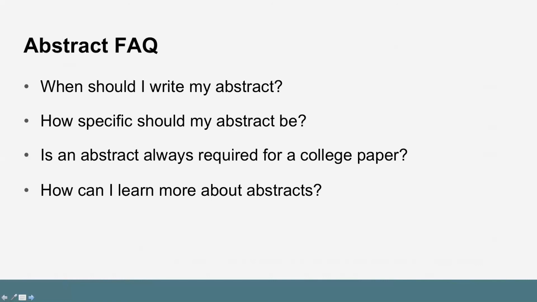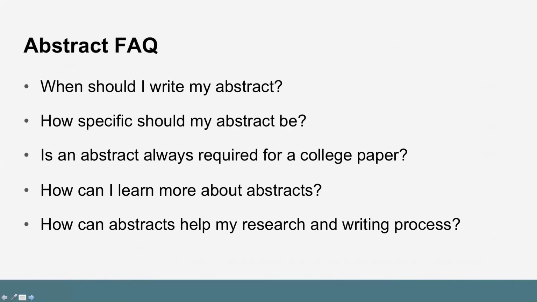If you're writing a case study, read abstracts for case studies. And then you can reverse outline those abstracts like we did today. If you reverse outline these abstracts, you'll find some different components in them, and then you'll have models for your own abstract and a better idea of how you can put your abstract together.